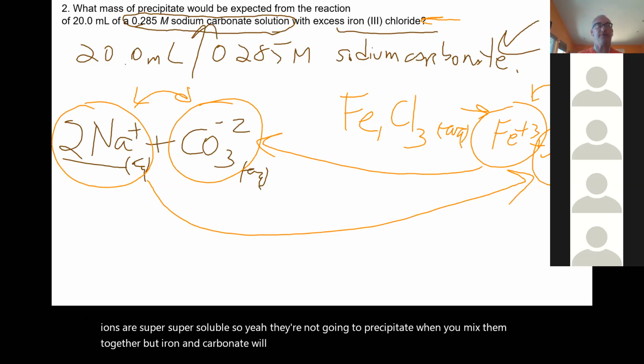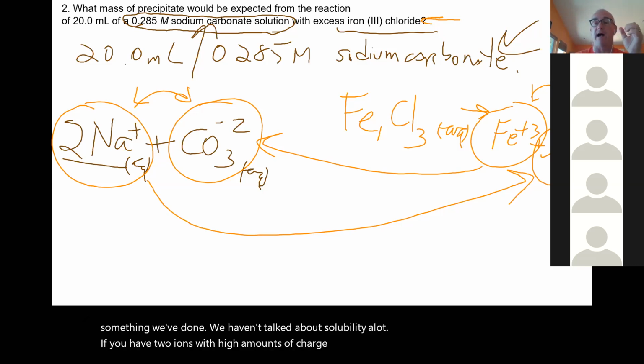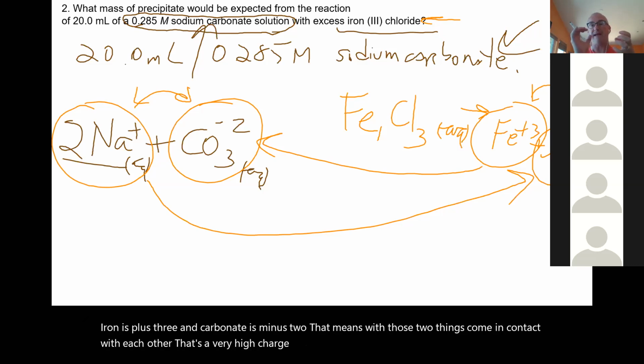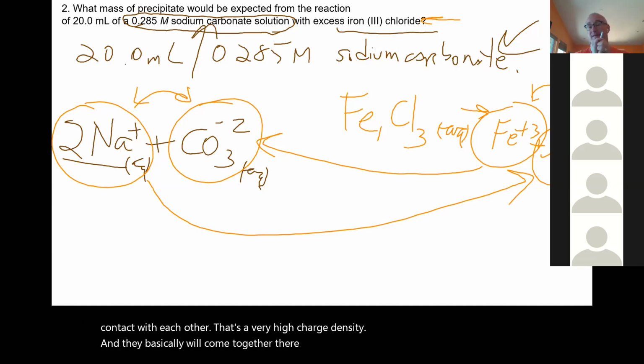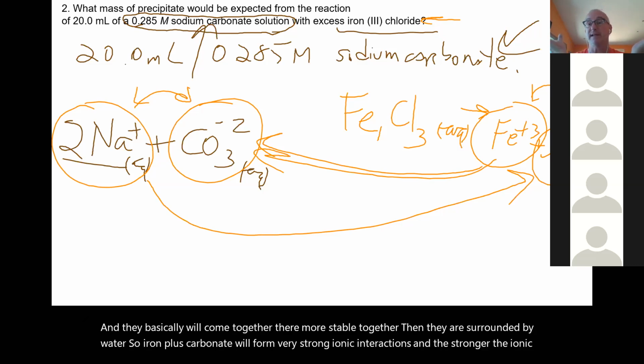And one other thing to look out for, this isn't something we've done, we haven't talked about solubility a lot. If you have 2 ions with high amounts of charge on them, like iron is plus 3 and carbonate is minus 2, when those 2 things come in contact with each other, that's a very high charge density. They will come together, and they're more stable together than surrounded by water. So iron plus carbonate will form very strong ionic interactions, and the stronger the ionic interaction, the less soluble these things are.